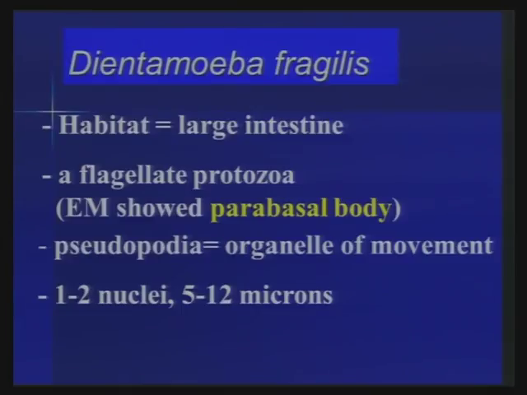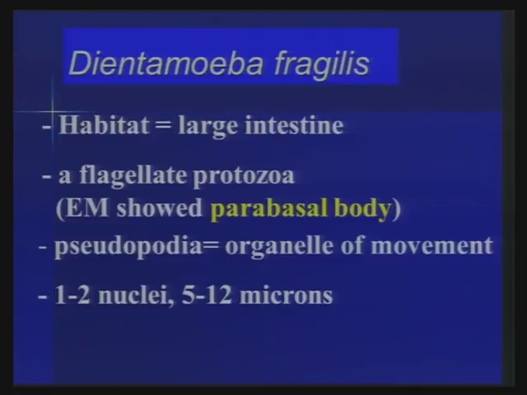And the name of the species is fragilis. Fragile, it means แตกง่าย, easily broken. Once the protozoa is excreted in the feces, it can break down. So it's not very easy to detect in the stool exam in general.